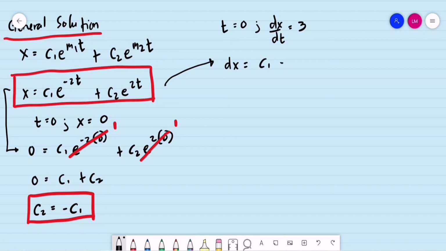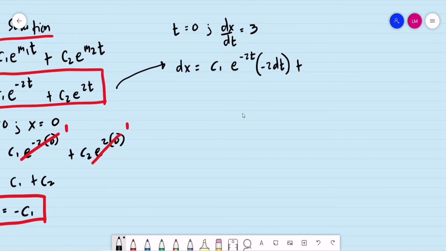What is the derivative of e raised to negative 2t? That is simply negative 2 dt. Then plus, what is the derivative of c sub 2 e raised to 2t? What is the derivative of e raised to 2t? That is simply 2 times dt. e raised to 2t times 2 dt.